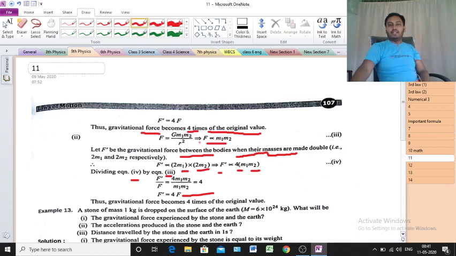Initially F proportional to m1 m2, finally F prime proportional to 4 m1 m2. Now take the ratio, F prime by F equals 4 m1 m2 by m1 m2, then m1 m2 will cancel each other. The final expression will be F prime equal to 4F. That means gravitational force becomes 4 times of the original value. Clear? I hope it is clear.